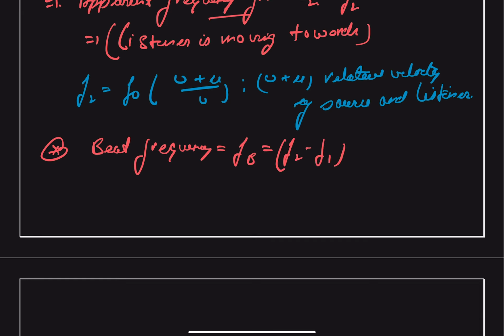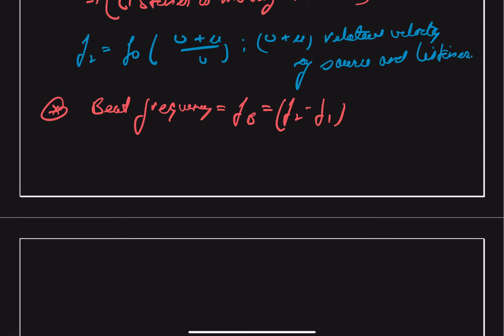We substitute the equations for f1 and f2. We can write our fb will be equal to f0 (v plus u) divided by v minus f0 (v minus u) divided by v, and this gives us f0 times 2u by v.